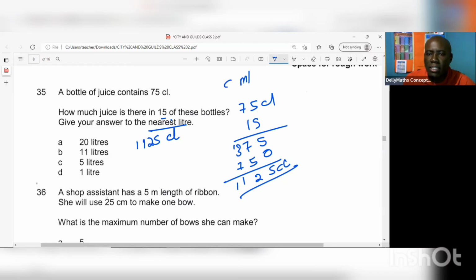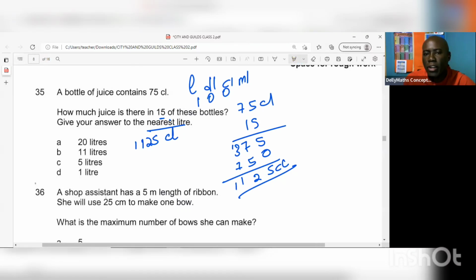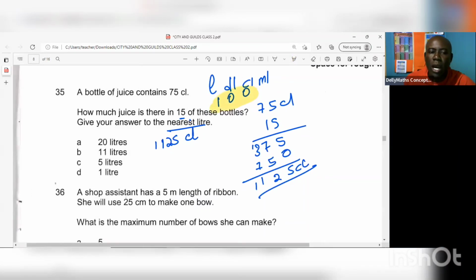This is milliliter, centiliter, then this is deciliter, and then this is liter. So definitely you're seeing here that it takes 100 centiliters to give us a liter. So what we want to do here is divide this by 100, and we're going to get 11.25 liters. But it says the nearest liter, so that will be 11.